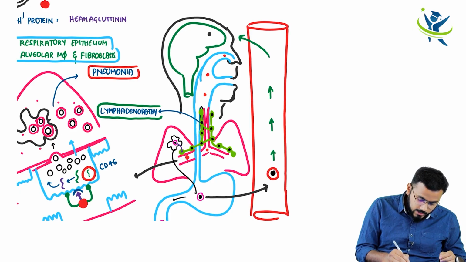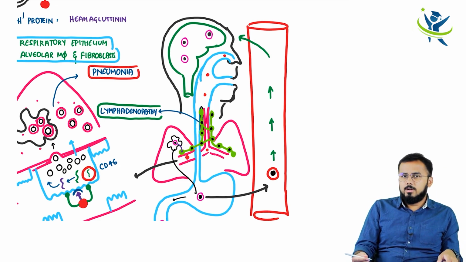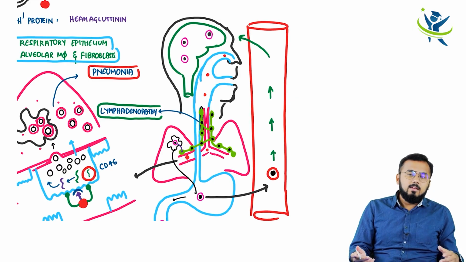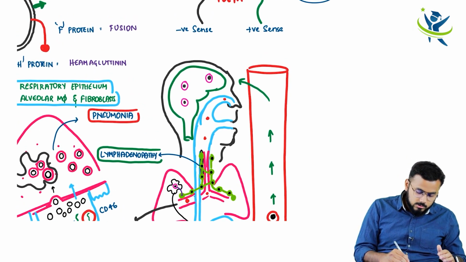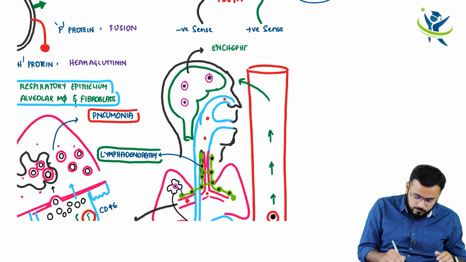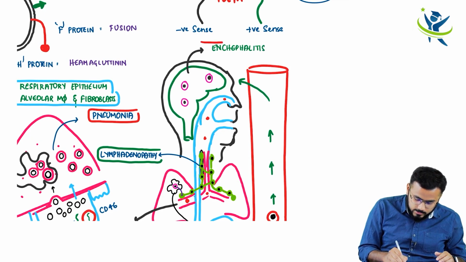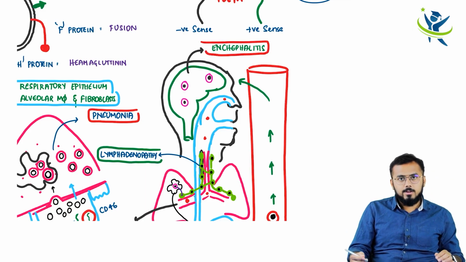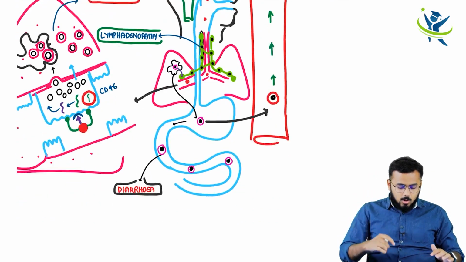Now once this virus is in your brain, this is going to cause a really bad thing which is not at all glamorous. That is encephalitis. So the patient is also going to have another condition, that is encephalitis.